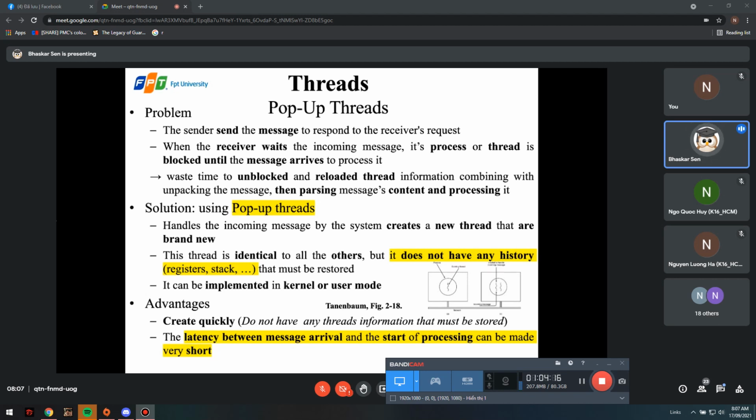In fact, their sole job is to block the user mode. The only job the pop-up threads do is simply block the user mode. If I may say that, it's just like a pop-up message.